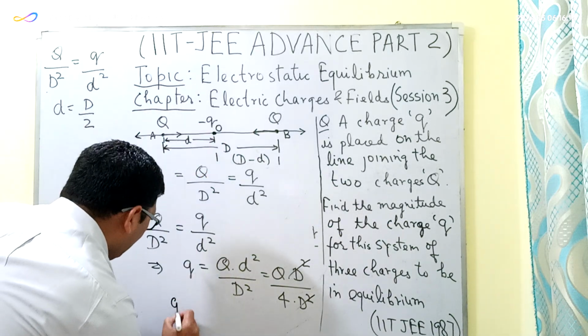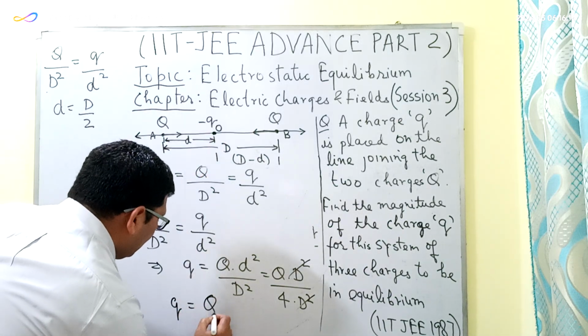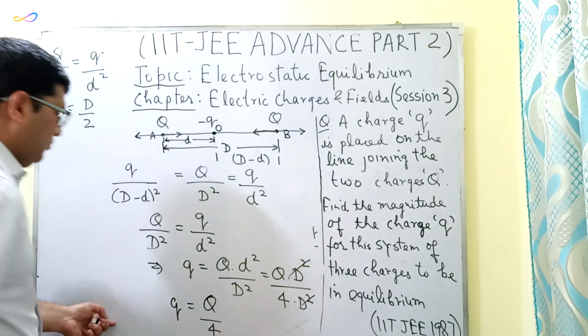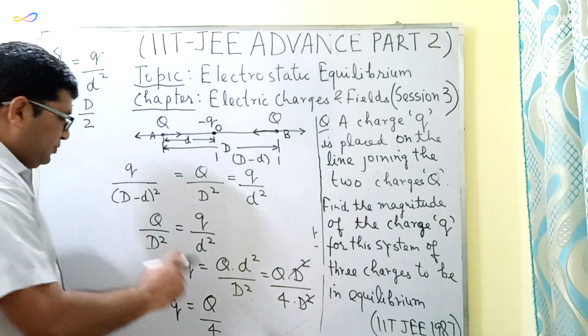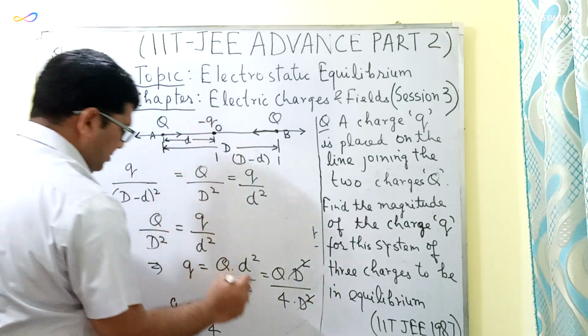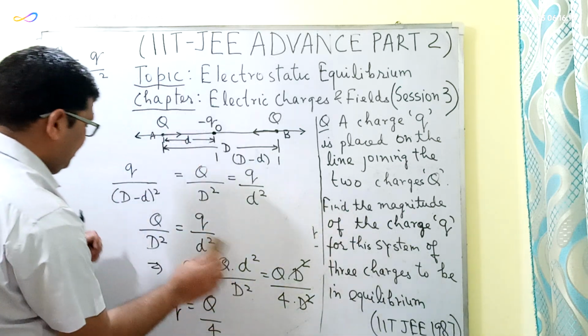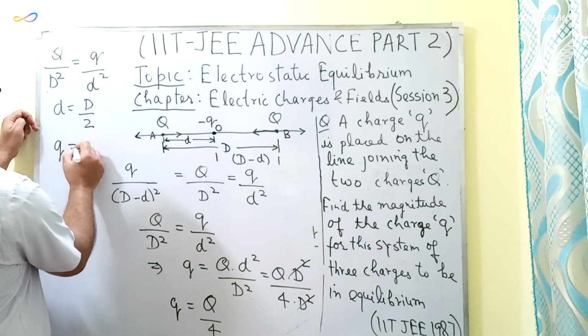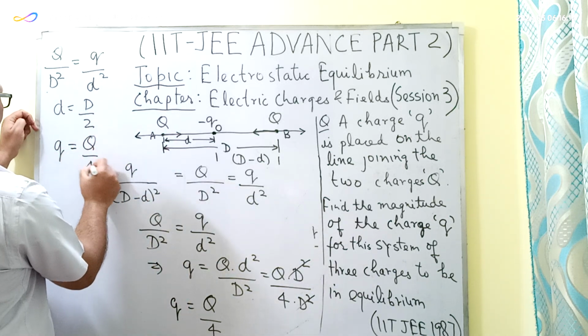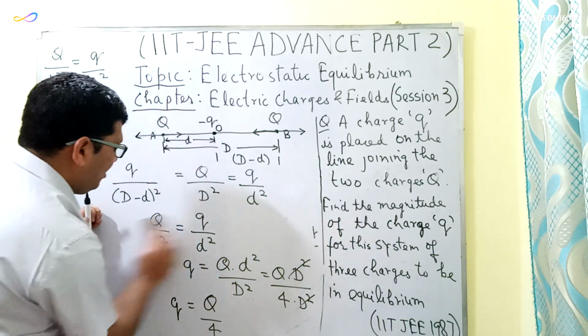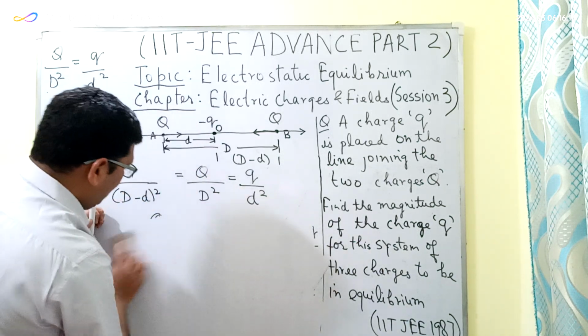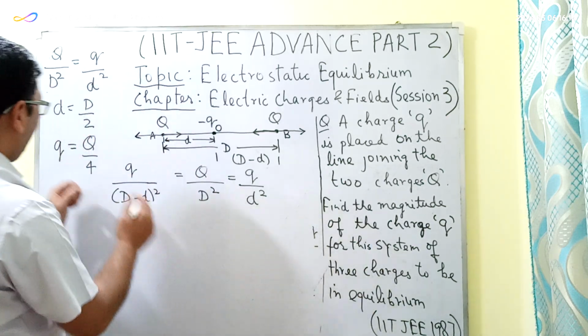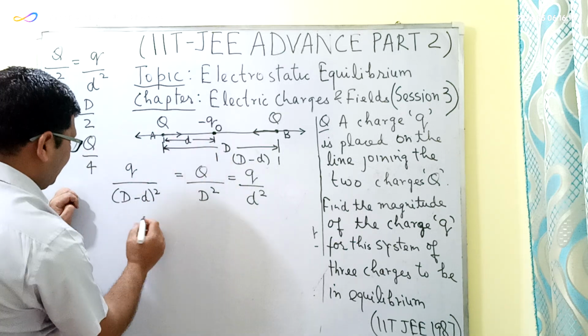So the magnitude of the charge will be equal to Q by 4. Here the magnitude of the charge is equal to Q by 4, and this would be a negative charge.